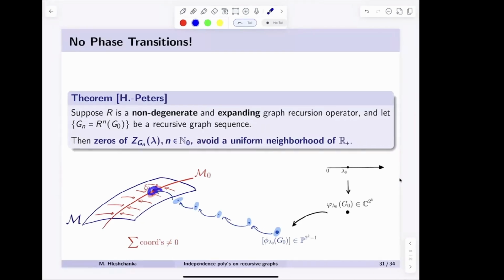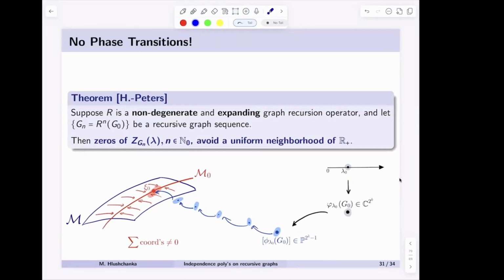So we can pull this neighborhood back and get a neighborhood of our starting point, for which, if we iterated this up here, the sum of coordinates is never 0. And then we pull this neighborhood back, and we have a neighborhood of our physical parameter lambda naught, for which the sum of coordinates never vanishes under the iteration.